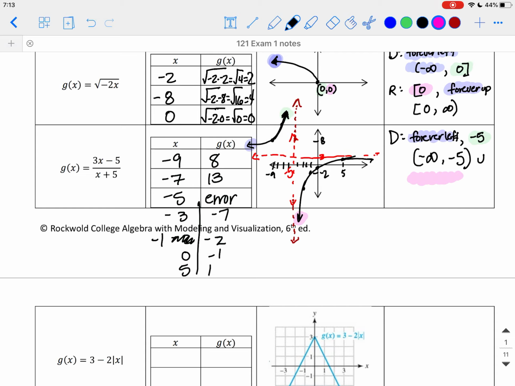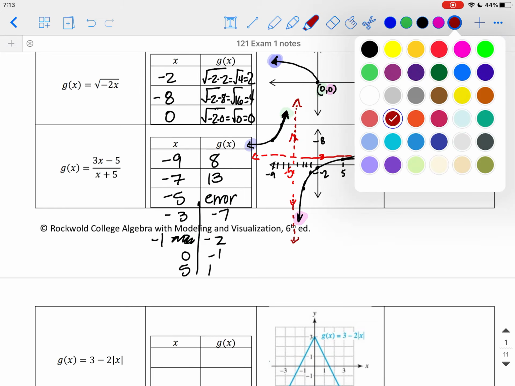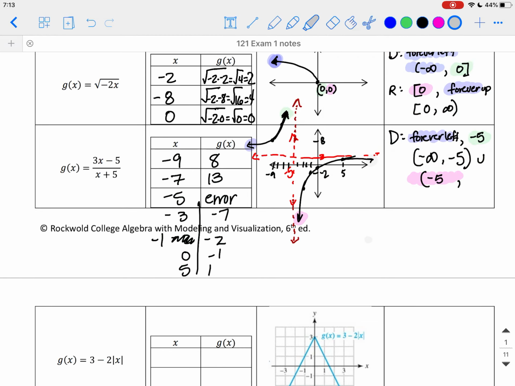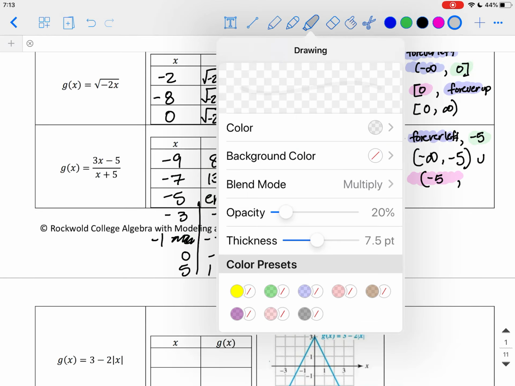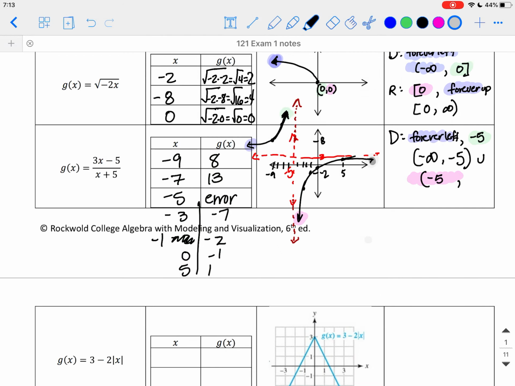So I'm going to put here -5. And since it never touches it, it's going to be a parentheses. And then this part right here that I'm going to highlight in a different color because that's too light. Sorry about that. This part right here is going forever to the right. So I'm going to put it here, forever right. And so we're going to write that as -5, comma, infinity.